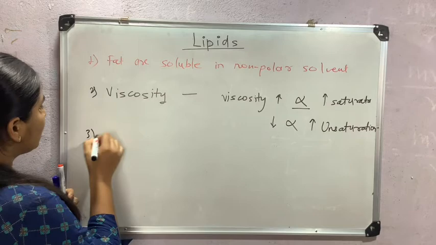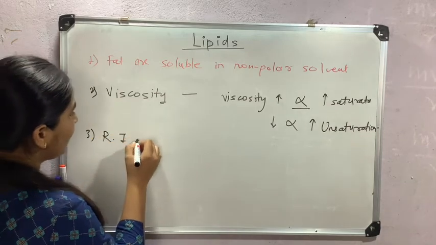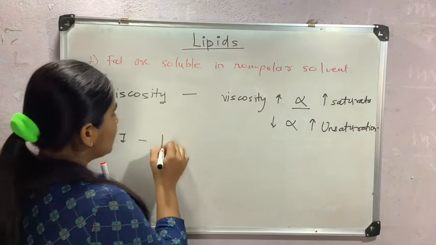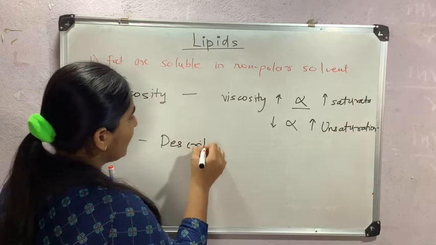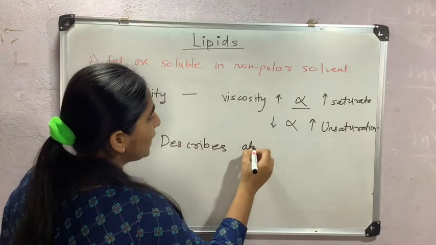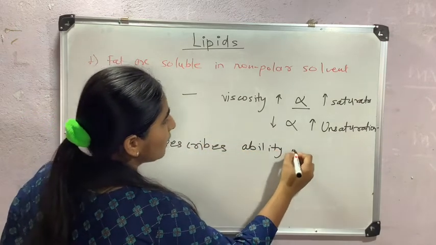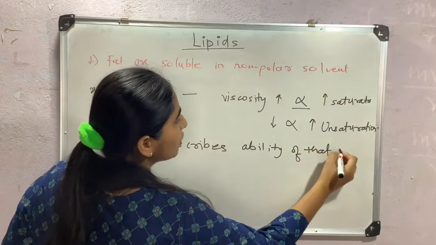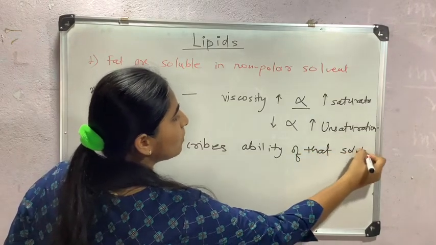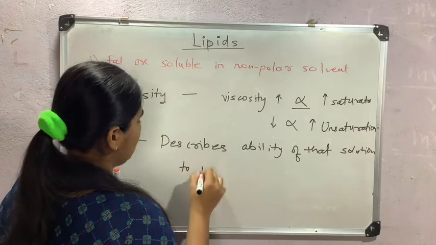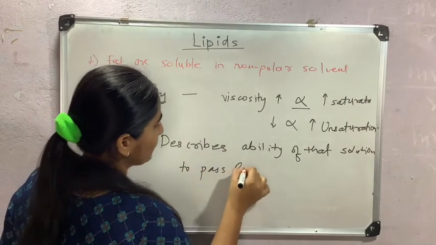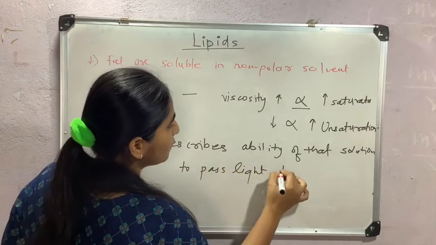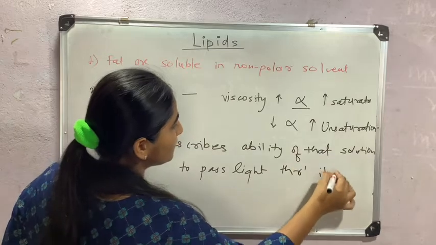And the third one is refractive index. Refractive index describes the ability of a particular solution to pass light through it.